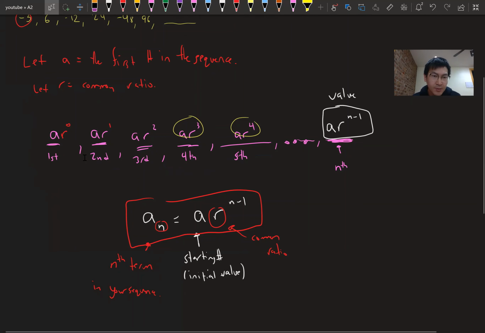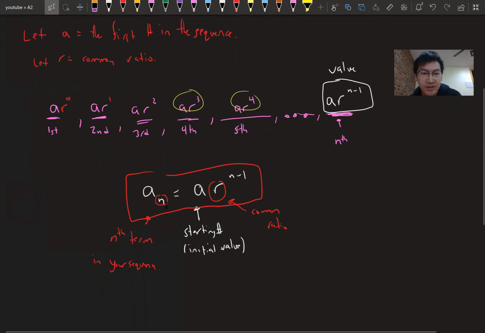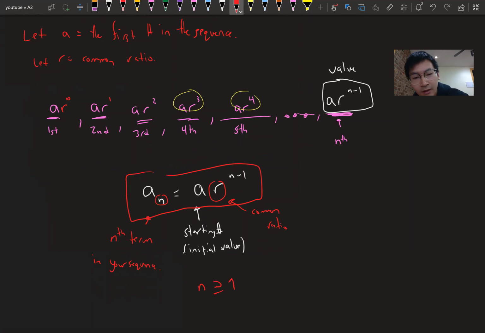But just know that depending on the context, you might want to change this. But in the way I wrote it here, this n is just a natural number, where n is greater than or equal to 1.